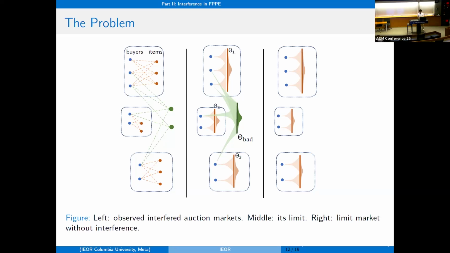We use theta1, theta2, theta3 to denote the item sets in those submarkets, and they're supposed to attract the advertisers in their submarkets. And also I have this theta bad item set. It's defined to be the items that attract advertisers from across clusters, from across submarkets. And on the right panel is the limit market without interference. So I basically just removed the bad item set.